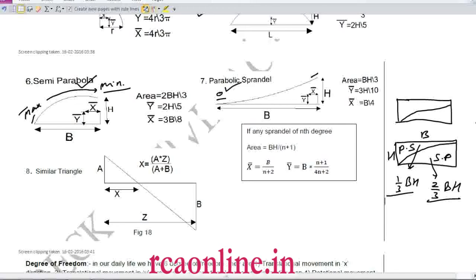This is very important because most of the question starts with finding the reaction. Or if you want to draw shear force bending moment diagram, then the first requisite is how to find a reaction. So I will be handling how to find the reaction in the next part. So do watch my this second video so that you have the continuity.